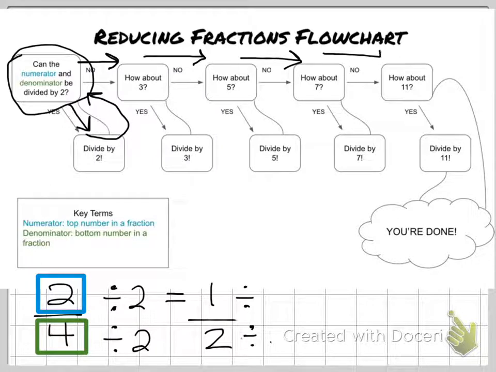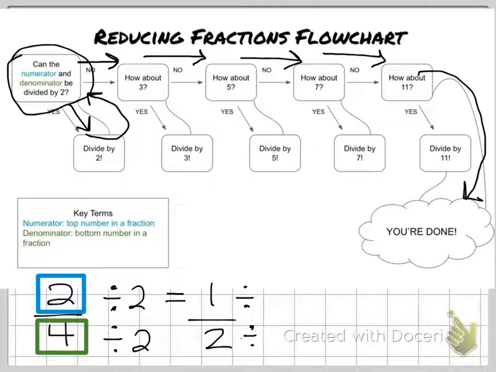And then the last one I'm going to do is 11. However, 1 is not divisible by 11, and 2 is also not divisible by 11. Therefore, I am done. And then I'm going to follow this all the way down here, and that means I am done.